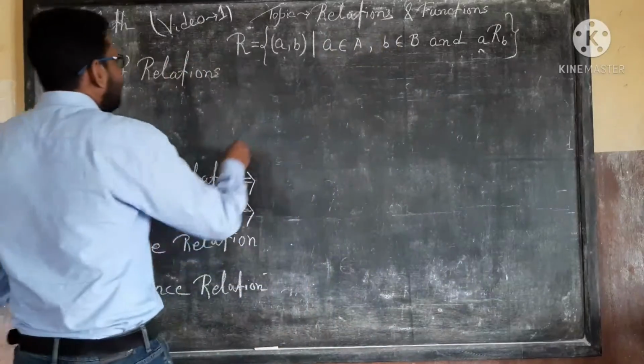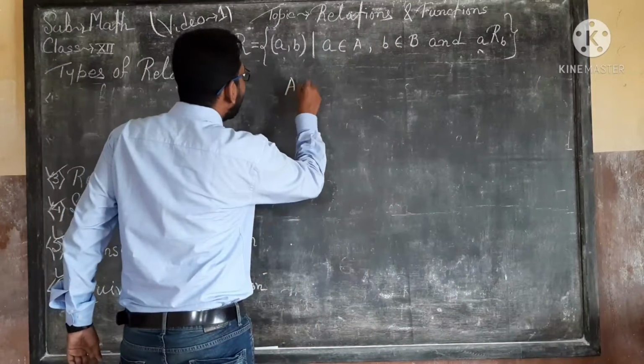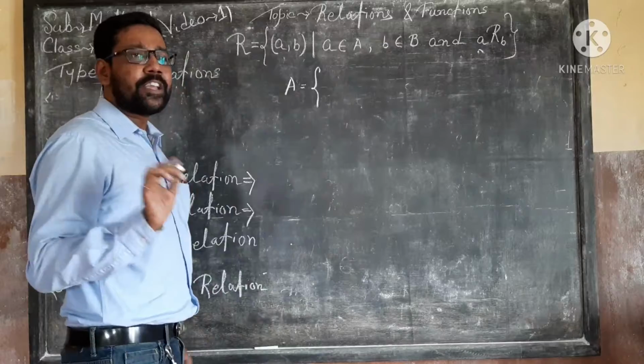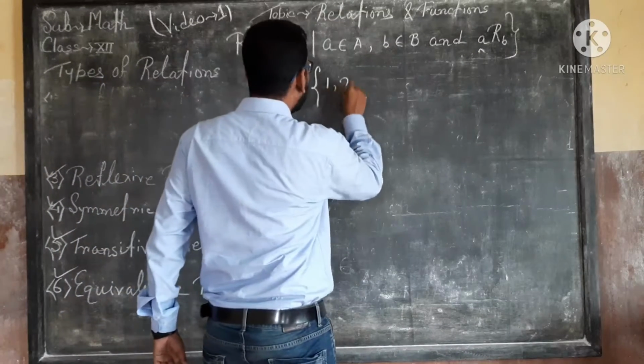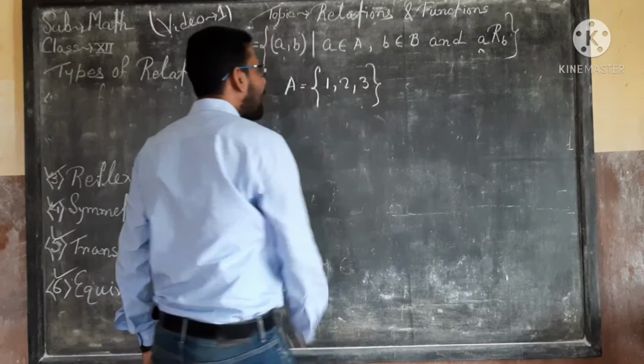Suppose we consider a set A and this set contains the three elements 1, 2 and 3.